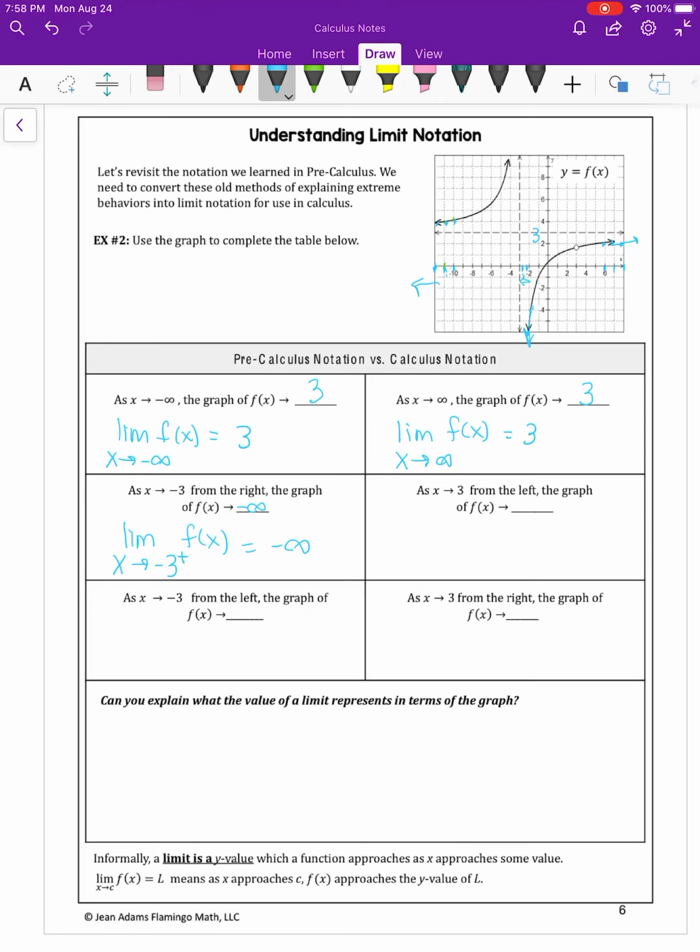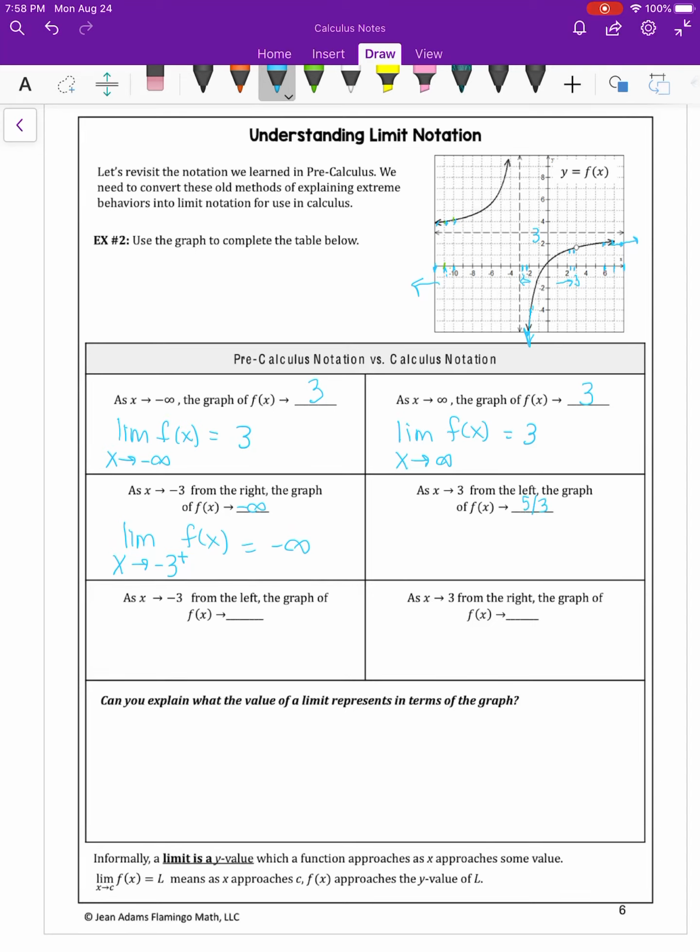As x approaches 3, and this time from the left. So here is 3. If I'm approaching from the left, I'm coming in like this, I get a y. I put this x in, I get a y. So I'm coming in towards 3 from the left, and my y values are approaching, well, this is the same function that we just were looking at. So my y values would be approaching 5/3.